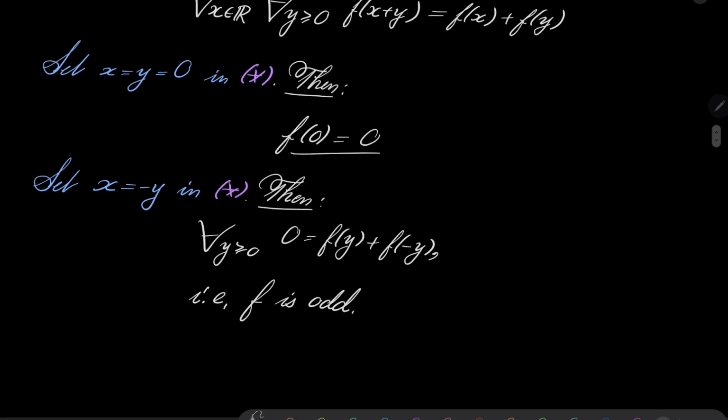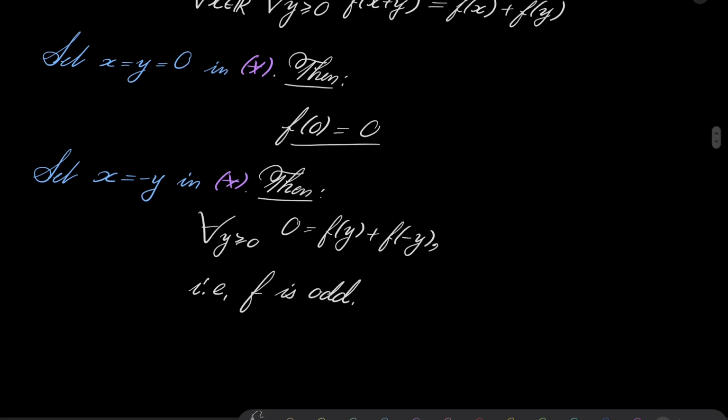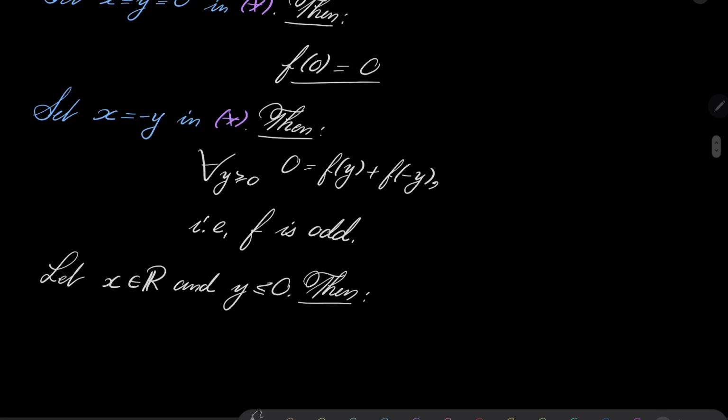Alright, and now finally, let's do the following. Let x be any real number, and now let y be non-positive, less than or equal to 0. Then we can write the following: f of x plus y.